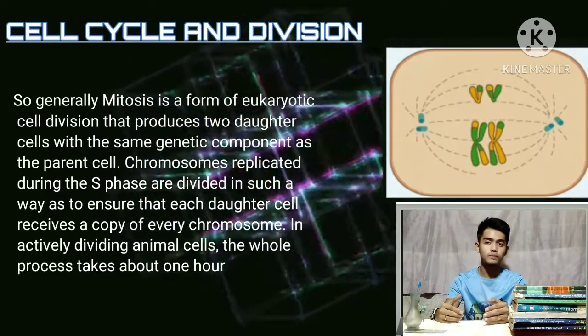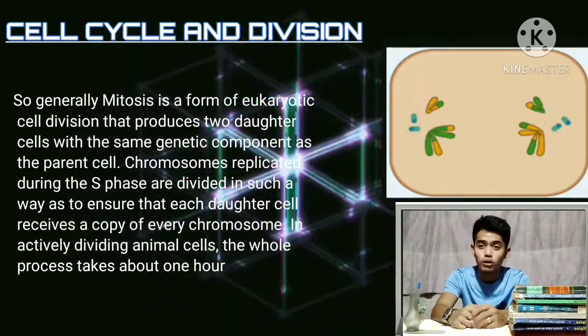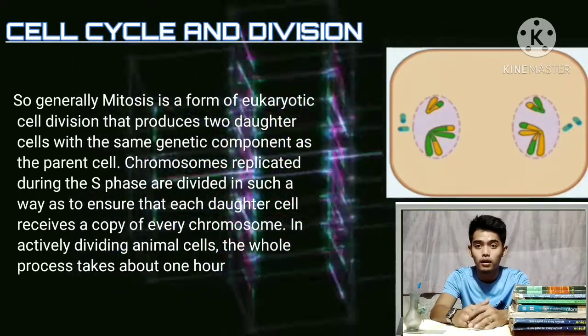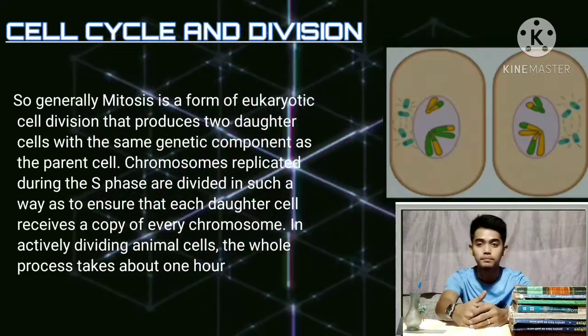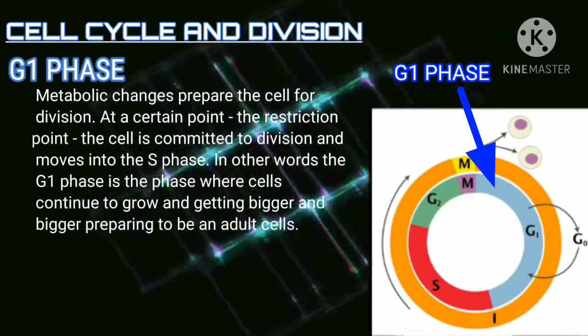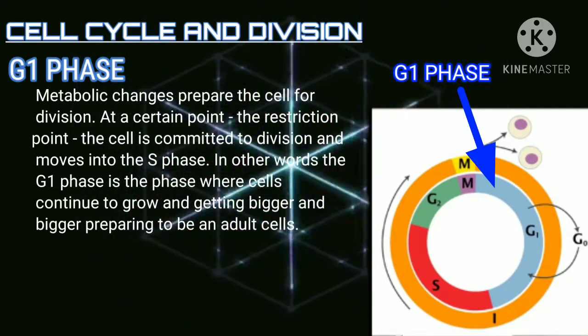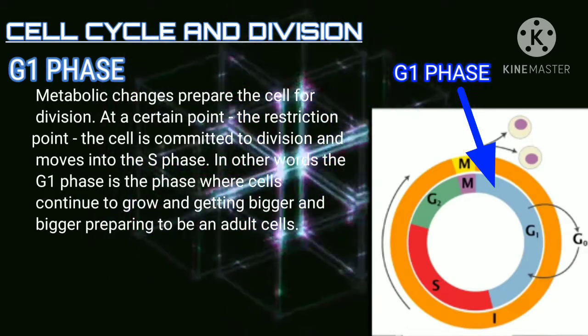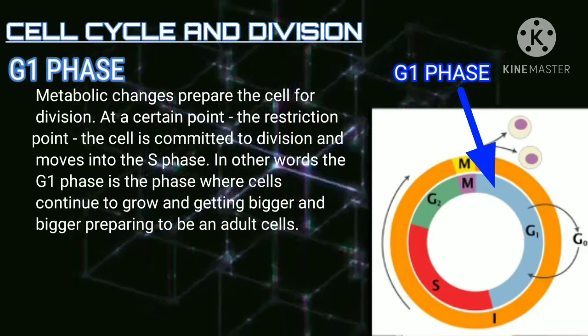So please take a look at the whole process of the cell cycle. In G1 phase, metabolic changes prepare the cell for division. At a certain point, the restriction point, the cell is committed to division and moves into the S phase.